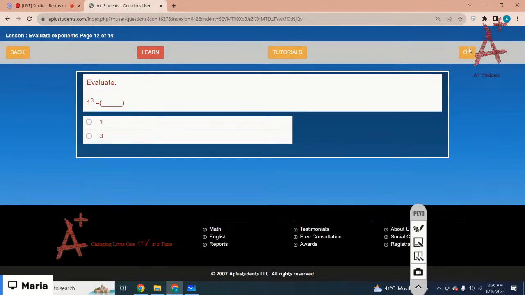Okay, 1 exponent 3, which is the correct option? Yes, that would be 1.